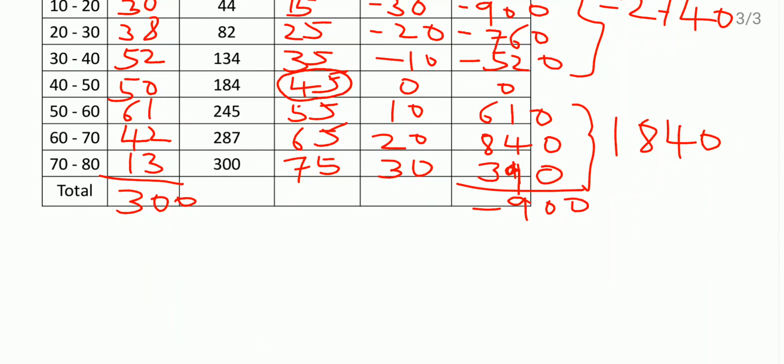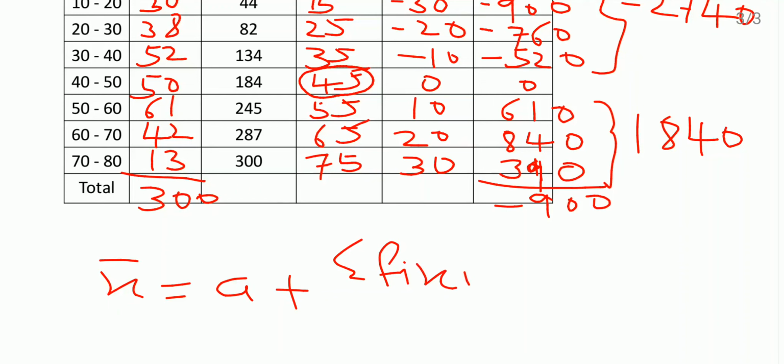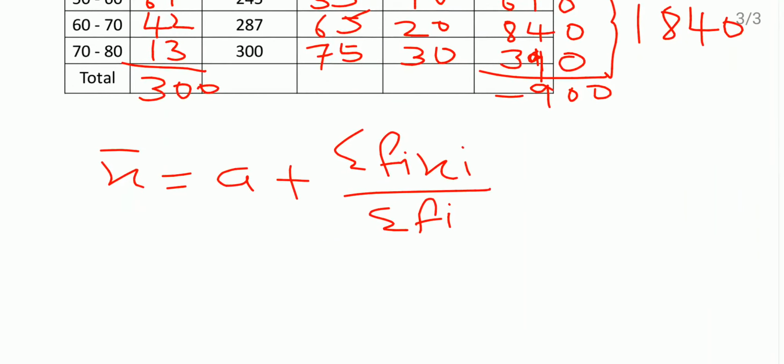We'll use the formula for the mean. So the mean x bar is equal to A plus sigma fi di divided by sigma fi, right? It's supposed to be di here, okay?